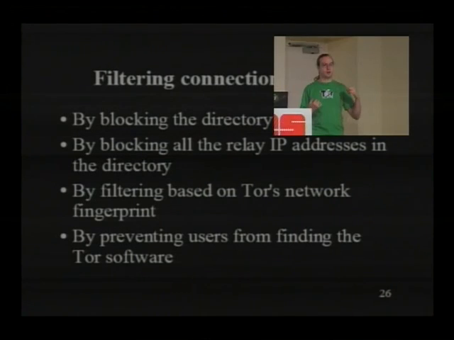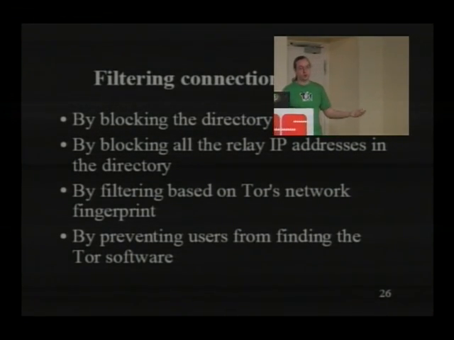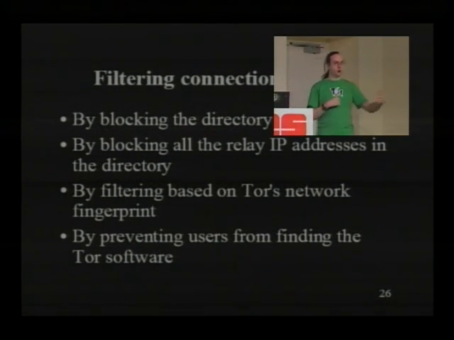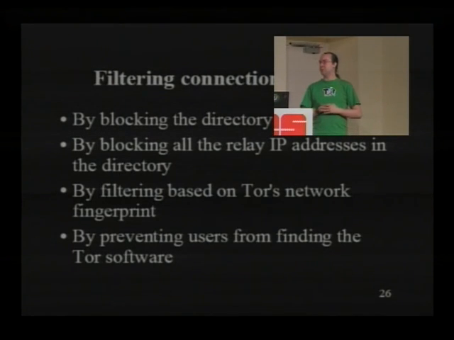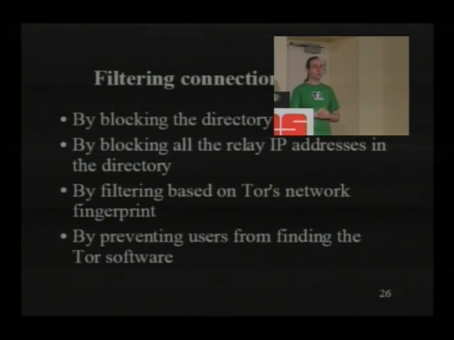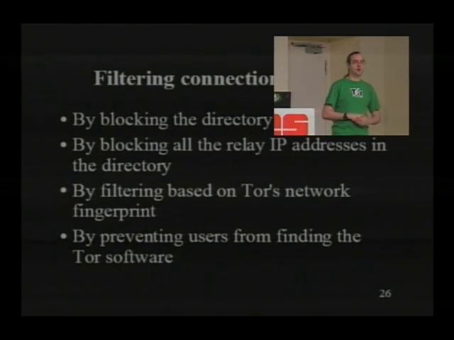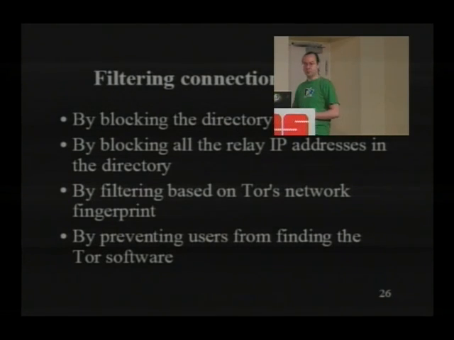We're trying to look a lot like Firefox talking to Apache, because hopefully there are a lot of Firefoxes in the world and a lot of Apaches in the world, even inside and across the Chinese firewall. And then the fourth approach is just block the website and then hope that all the people inside your country say, well, shucks, that was good while it lasted, but I guess Tor's gone too.